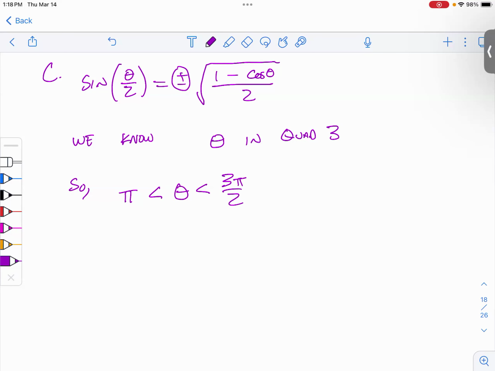That's what it means to be in quadrant 3. There's some angle between pi and 3 pi over 2, 180 to 270. In order to do the half angle, divide it all by 2. That becomes pi over 2 less than theta over 2, and then 3 pi over 2 divided by 2 is 3 pi over 4.